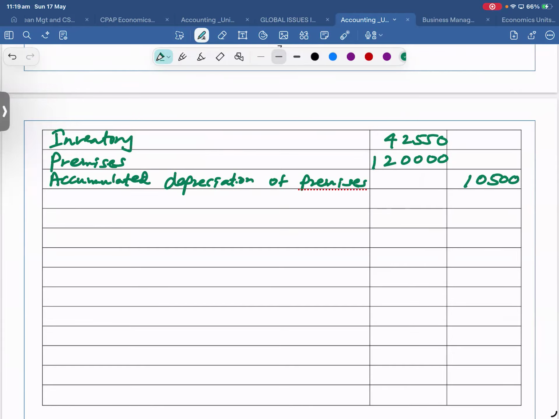Okay. Next one. Accounts receivable 1,800. Accounts payable 7,900. $1,800 and 7,900 accounts payable.